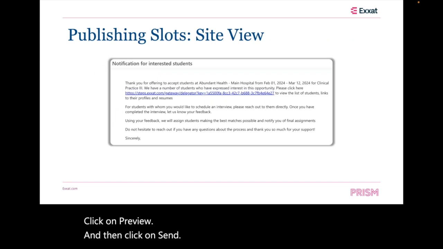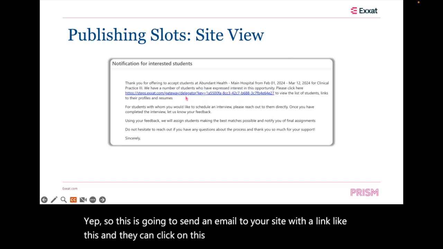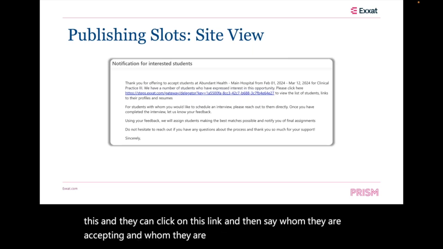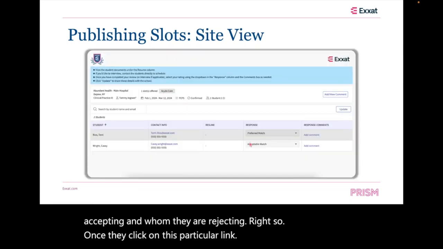So this is going to send an email to your site with a link like this, and they can click on this link and then say whom they are accepting and whom they are rejecting. Once they click on this particular link, they are going to see this.